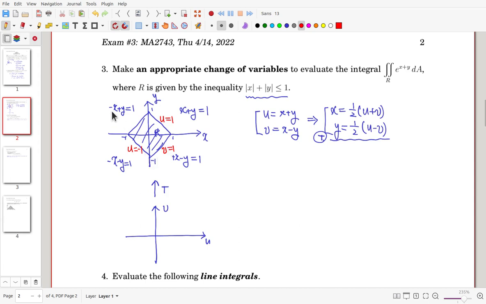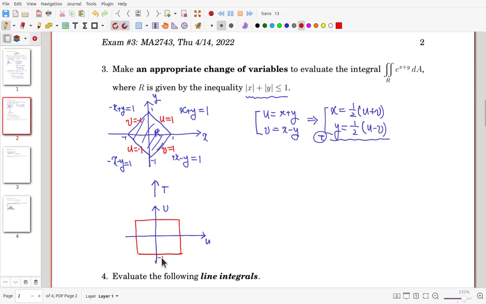Minus x plus y is the negation of v, so v is minus 1. This line is u is minus 1, u is 1, and v is minus 1, v is 1. So by using this transform, you'll get the region Q in UV domain like that.